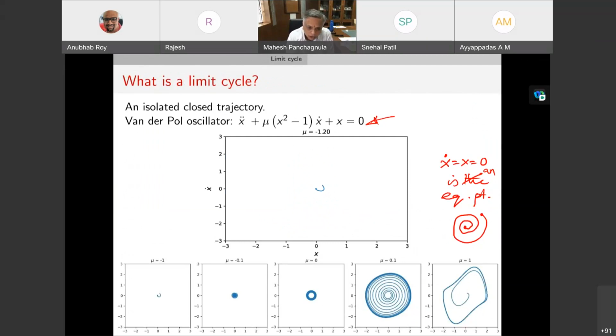At mu equal to 0 and any value of mu greater than 0 gives rise to a limit cycle. In other words, this little circular trajectory at mu equal to 0.1, and at mu equal to 1, you have another trajectory here. This trajectory becomes an attracting solution.